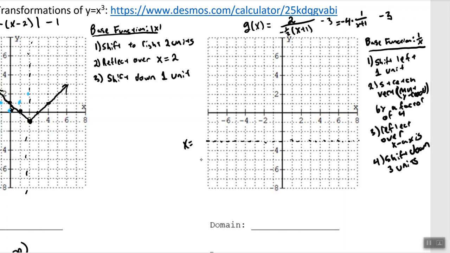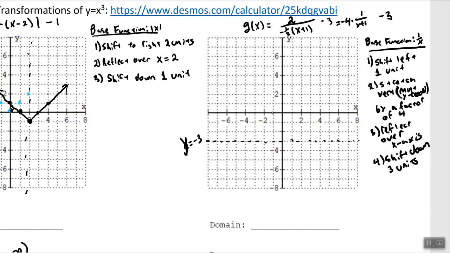So y equal to -3 is our new horizontal asymptote, and the vertical asymptote, shifting to the left 1 unit would move it. It moves the whole thing to the left. Stretching it vertically won't do anything because it's like a string that's standing straight up and down already. I'm just pulling it more.